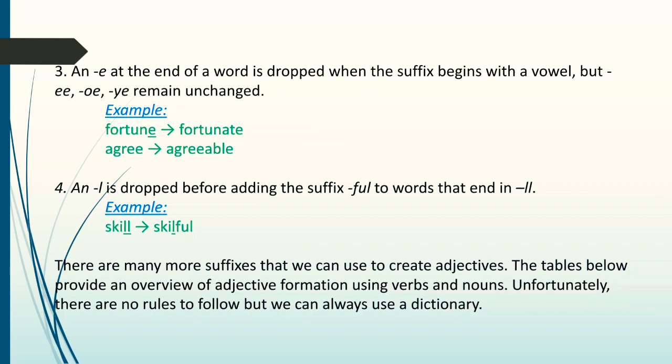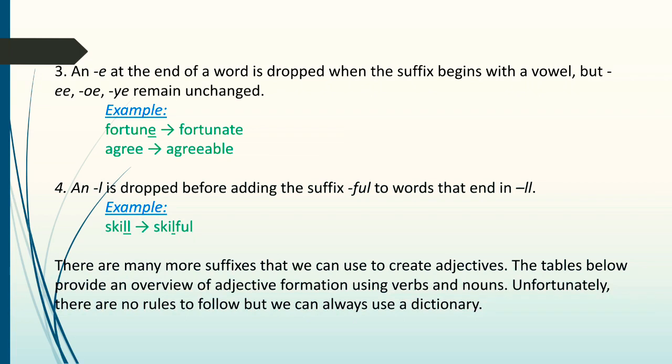An E at the end of a word is dropped when the suffix begins with a vowel. For example, fortunate from fortune. The E is dropped. But if there is a double E, OE or YE, it remains unchanged. For example, agreeable from agree.